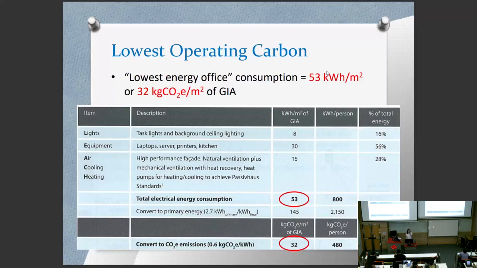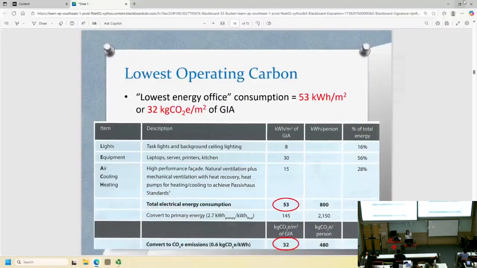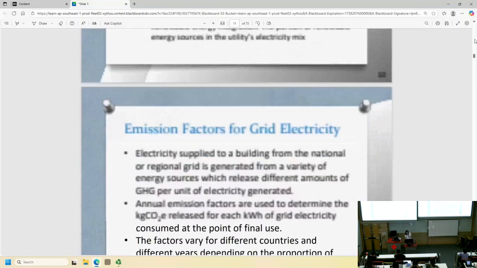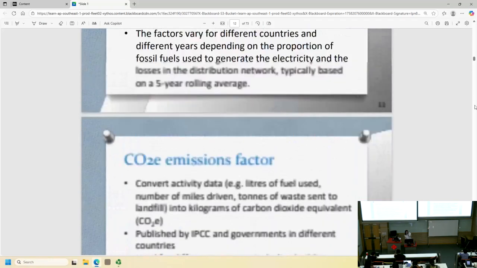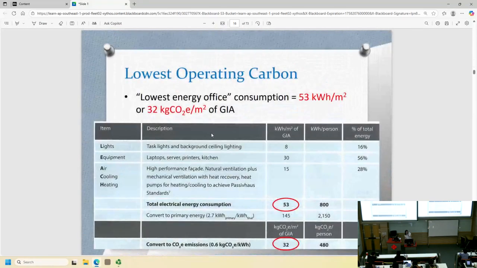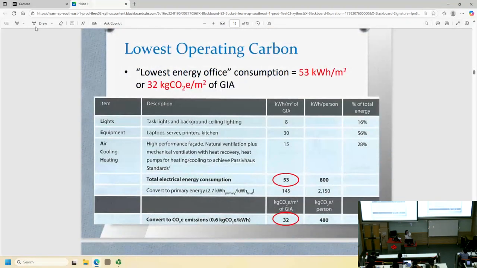So if we use the emission factor of 0.6, remember earlier when we did the calculations, the emission factor for electricity in the UK is 0.6, right? 0.6 kg carbon dioxide equivalent per kilowatt hour. So if we use the same emission factor, 53 multiplied by 0.6, then we have this emission, 32 kg of carbon dioxide equivalent per square meter per year.